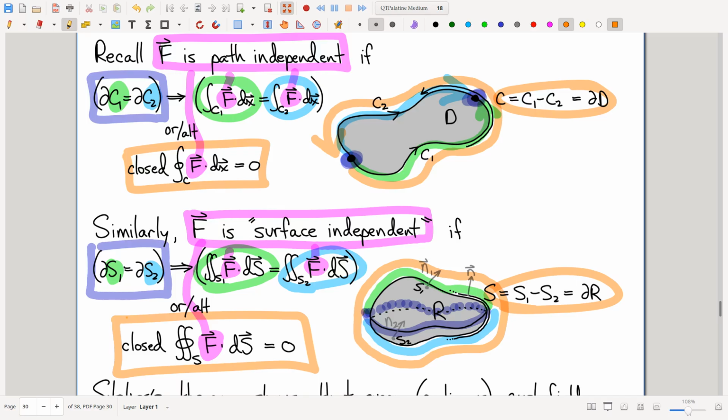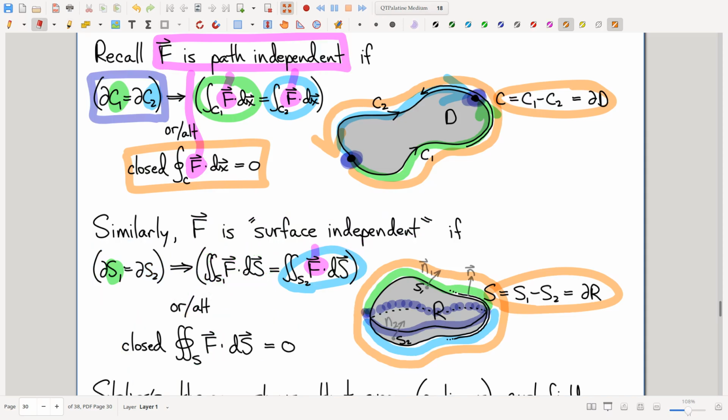And likewise here, if these green and blue fluxes are the same, then their difference is 0. Thank you. And again, this minus sign is intrinsic to geometry. There's no way around it. This is not an unfortunate notational choice. This is unavoidable. The minus sign is there whether we like it or not.